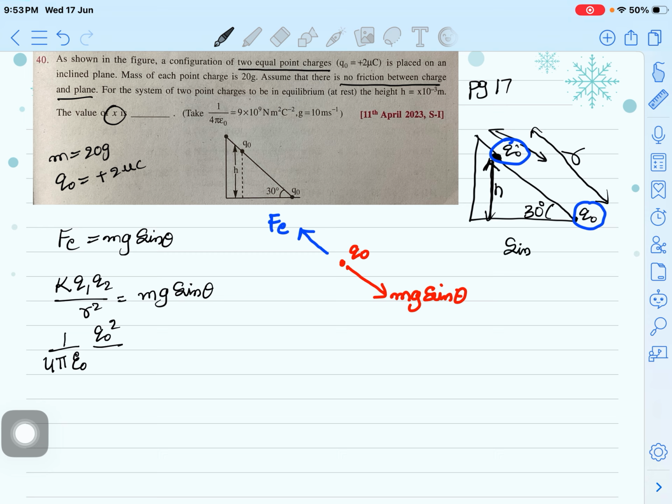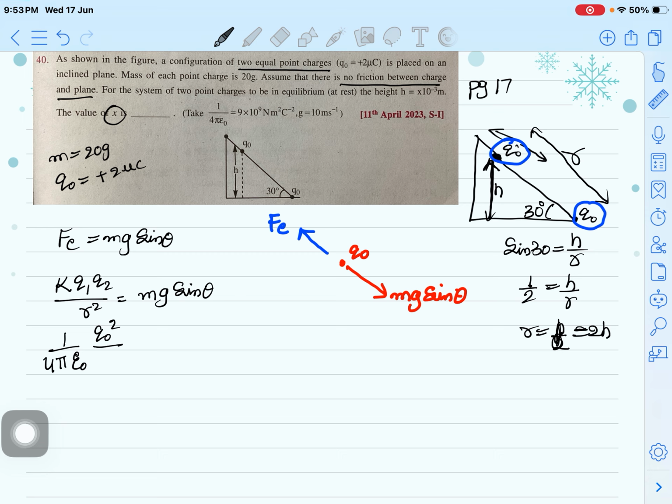So sine 30 degrees equals h by R, and sine 30 is 1 by 2. So h by R equals 1 by 2, and by cross multiplication R equals 2h.